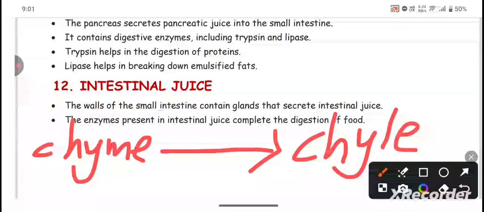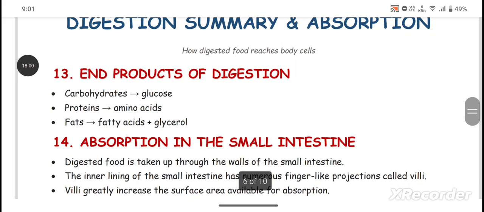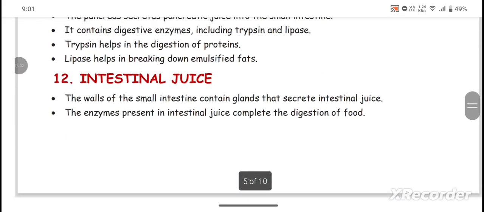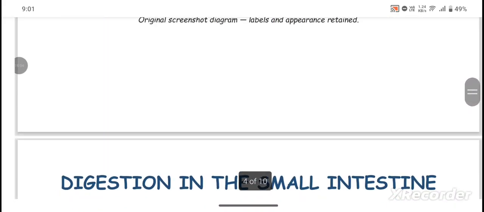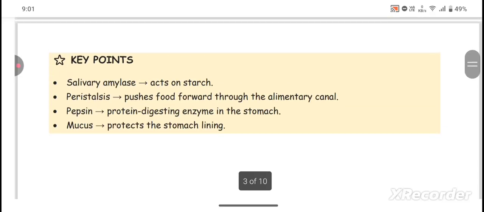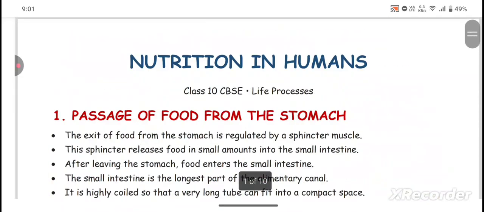So the processed food in the small intestine is no more chyme, it is known as chyle, which is alkaline in nature, made so by the intestinal juice, pancreatic juice and bile juice for the efficient action of the enzymes. So this is how digestion takes place from the mouth to the small intestine.